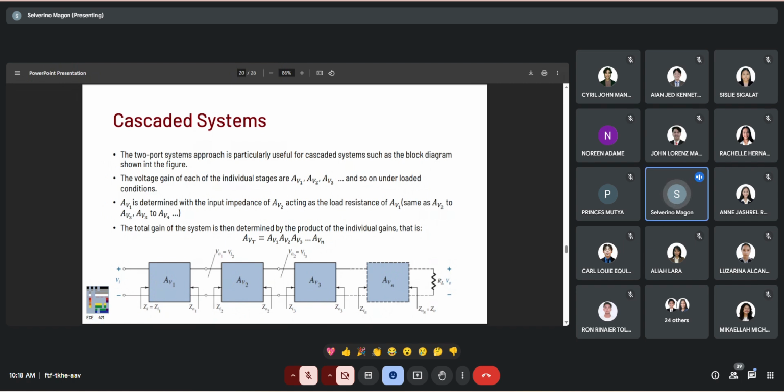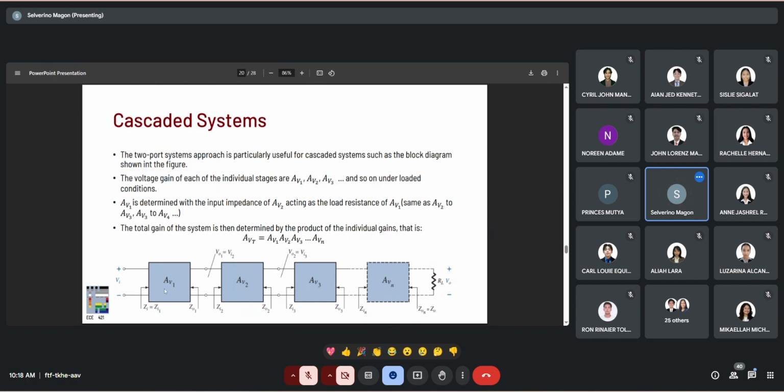The two-port systems approach has been useful for us in analyzing response characteristics of AC analysis. But of course, we can use it further for presenting systems connected to each other. A cascade system consists of individual stages.